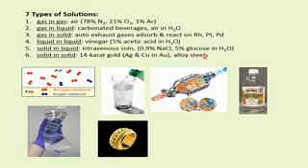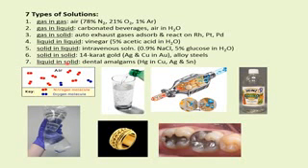Many alloy steels contain iron as the main component, combined with, say, some manganese for hardness, or nickel and cobalt to make stainless steels. Again, solid in solid solutions. And finally, we have liquid in solid solutions. An example is liquid mercury combined with copper and silver and tin together to make dental amalgams. That is a liquid in solid solution.